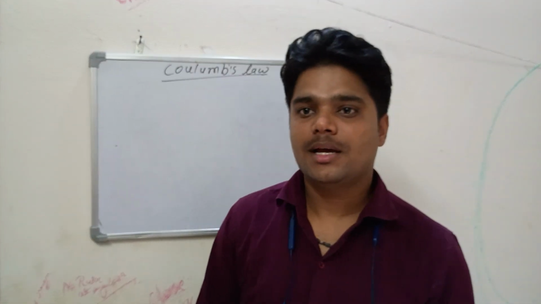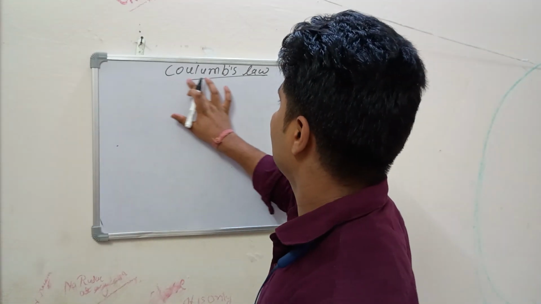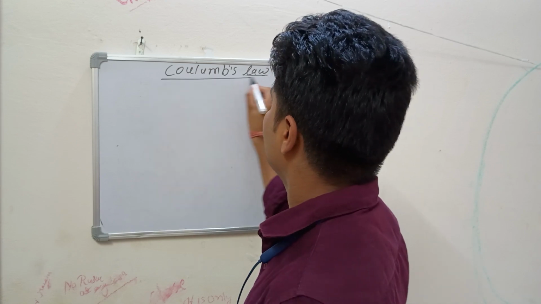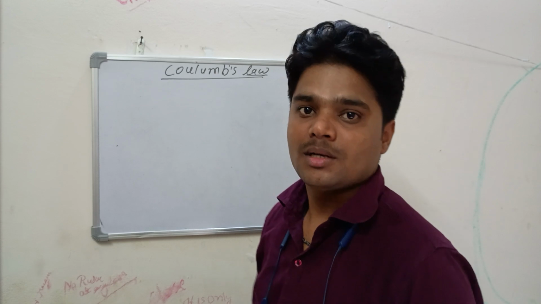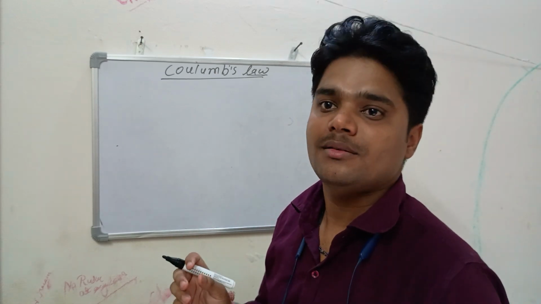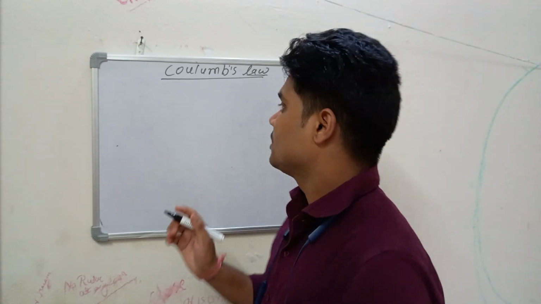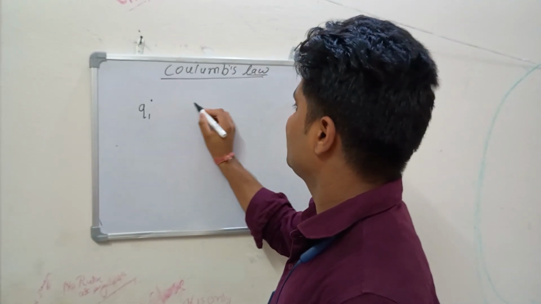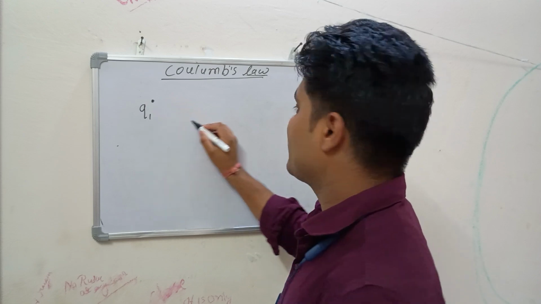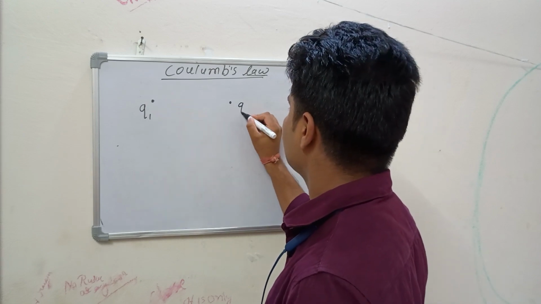So firstly, I am covering what is Coulomb's law. Basically, Coulomb is a scientist who gave the formula for determining the force between two charges situated in space. Suppose a charge Q1 is situated here and a second charge Q2 is situated here.